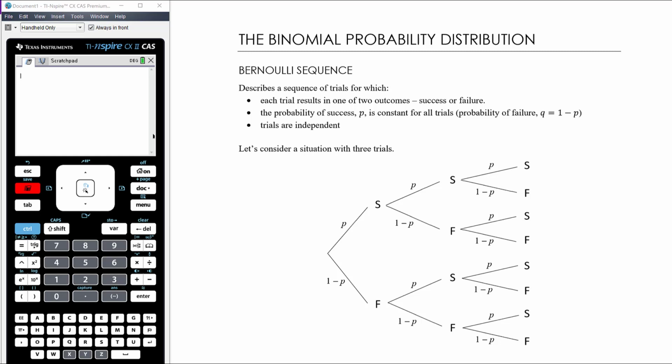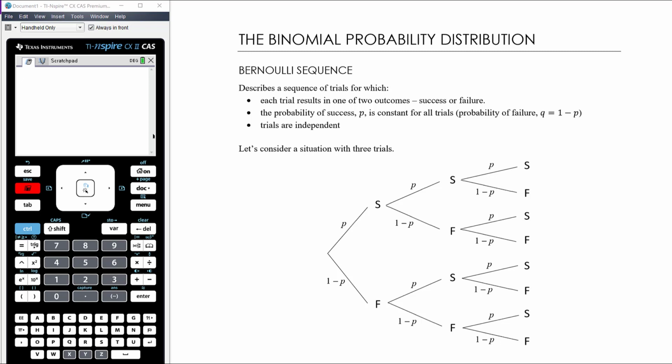You can often set up the problem to have two outcomes: the outcome that you're interested in seeing, and then everything else. In a Bernoulli sequence, two outcomes at each stage is what's important. The probability of success, which we use the letter P to denote, is constant for all trials. Rolling a die is a good example.